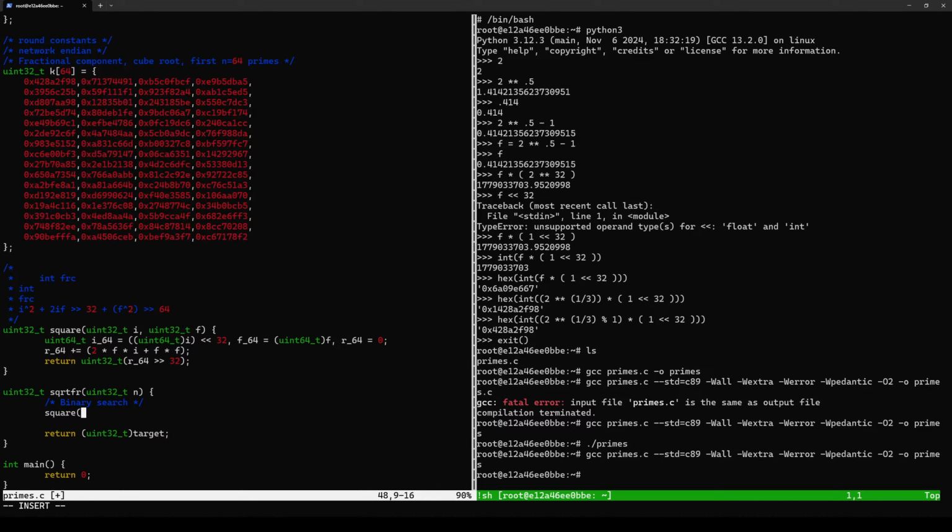No, we're not. We're going to square 1 and 0.5, which is 1 shifted over by 31. And that is going to give us back probably 0.25, which I think is going to be 1 shifted over by 32.